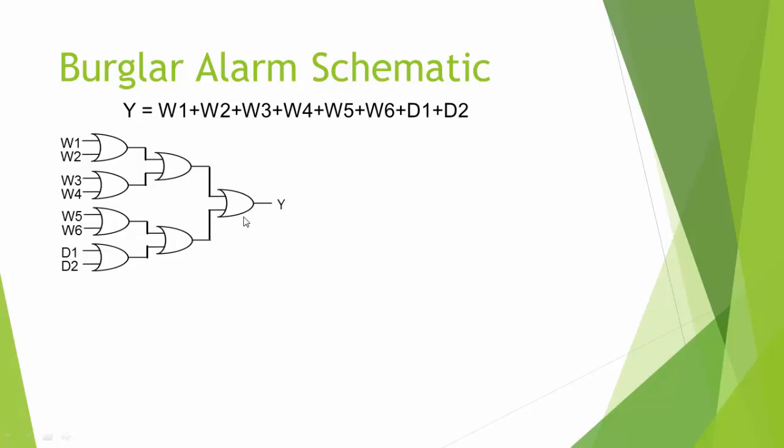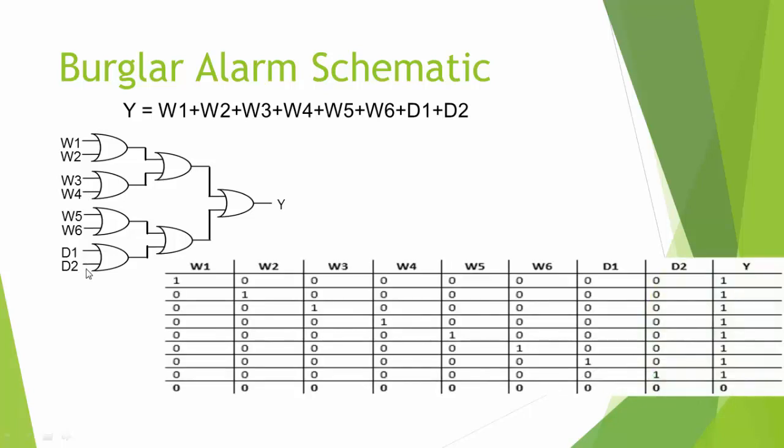And essentially what we've got is our output Y is high if any one of these goes to high. And a portion of our truth table is here, looking at the signal Y being high in any case except if none of the sensors have been triggered.